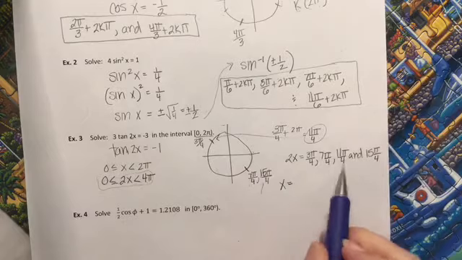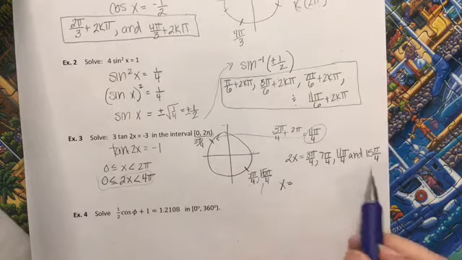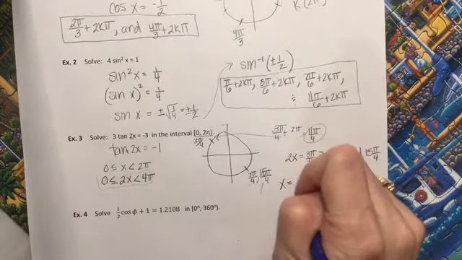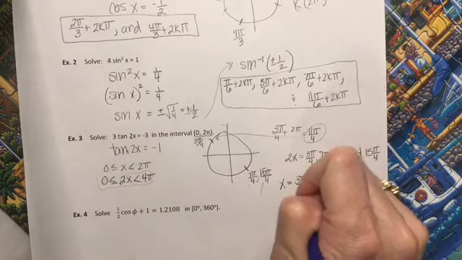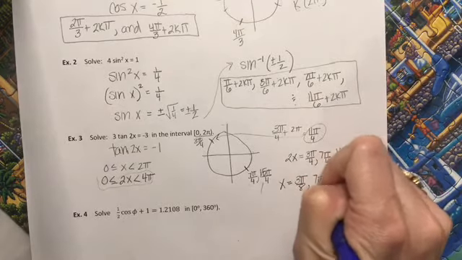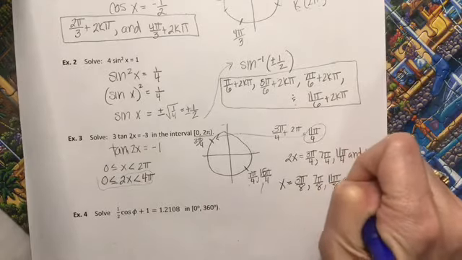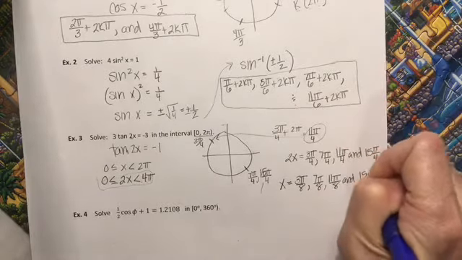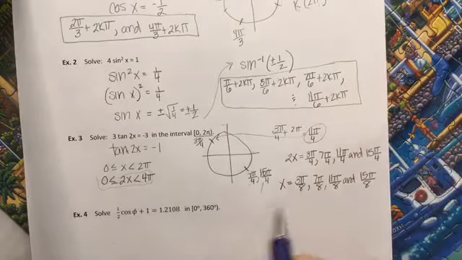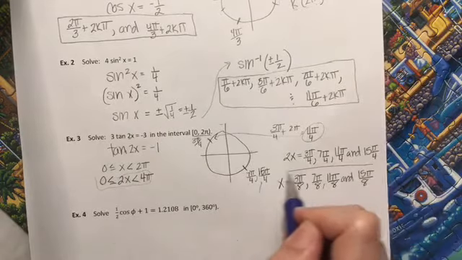So what you do is divide each of these by 2, which means double the denominator. So your final answer would be 3 pi over 8, 7 pi over 8, 11 pi over 8, and 15 pi over 8. Okay, so that is your final answer.